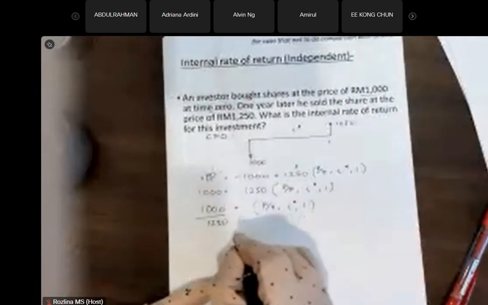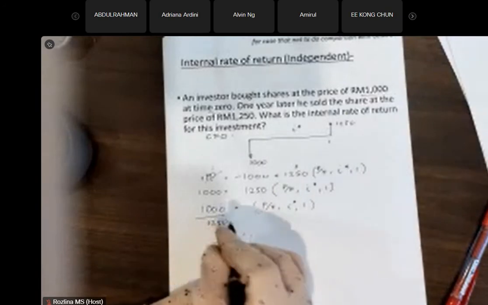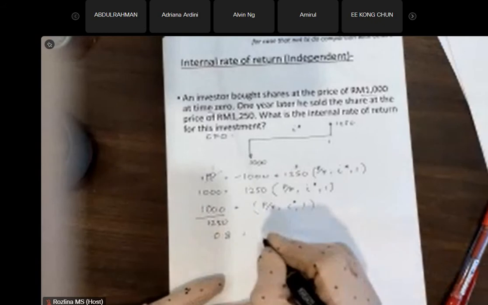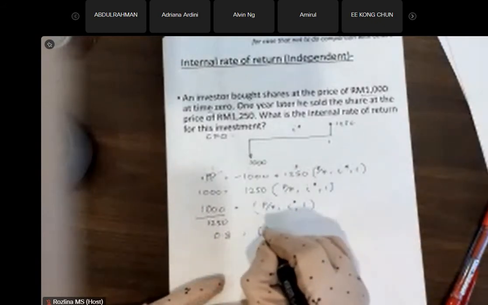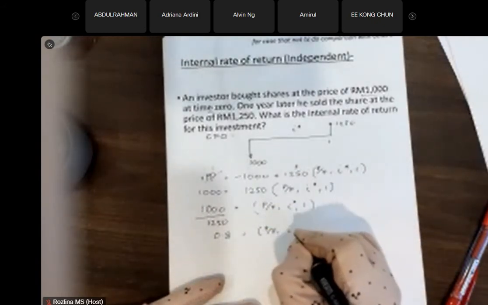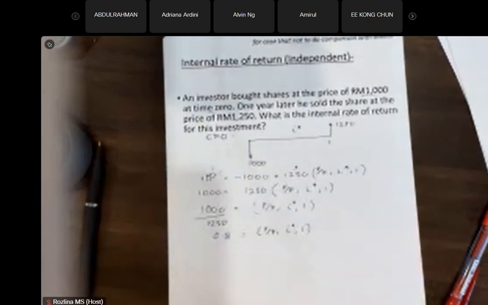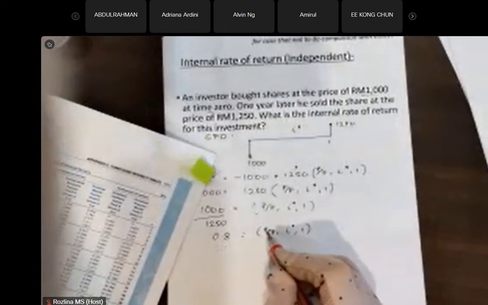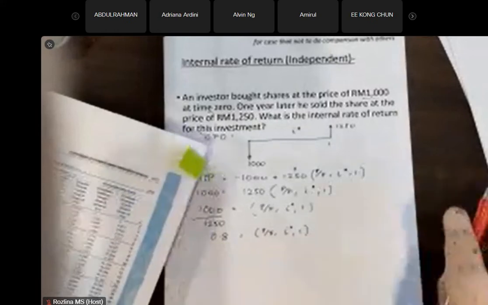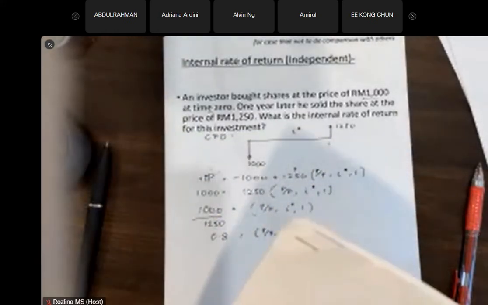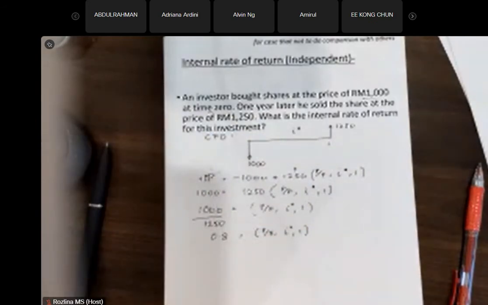So this 1,000 divided by 1,250 is 0.8. Then you have to look at table 1 by 1 to see where is 0.8 with P over F at 1 year. At 1 year. So look one by one.